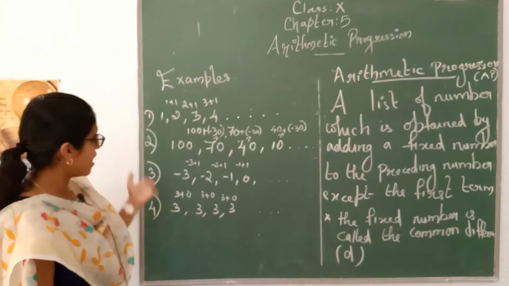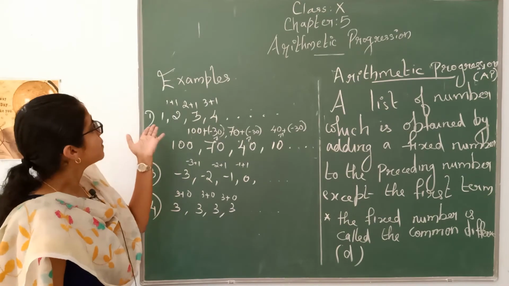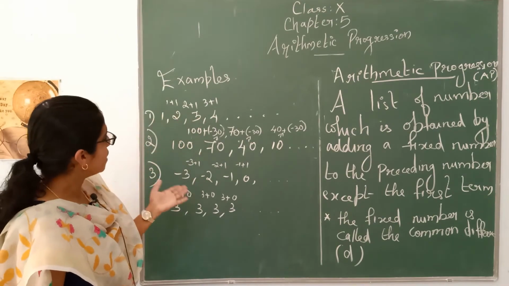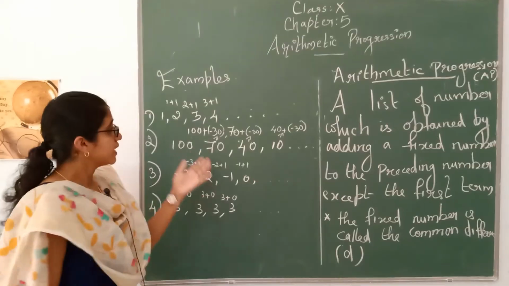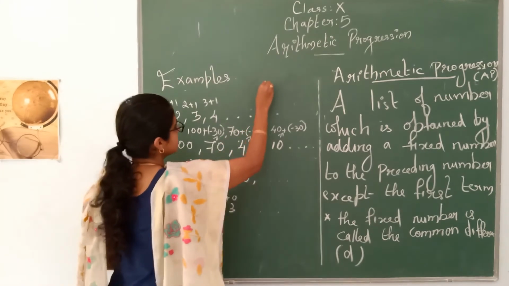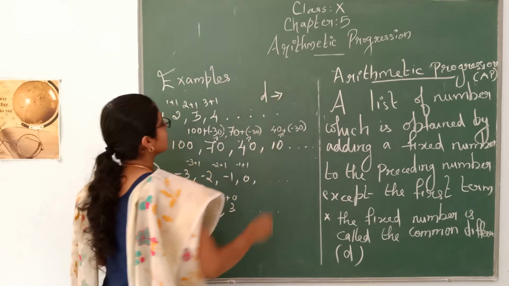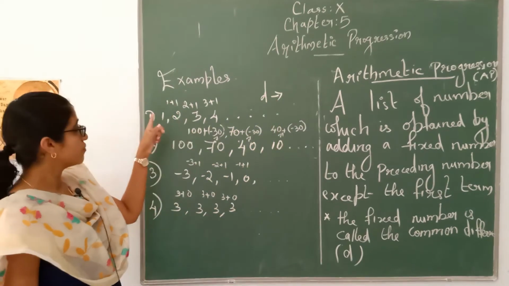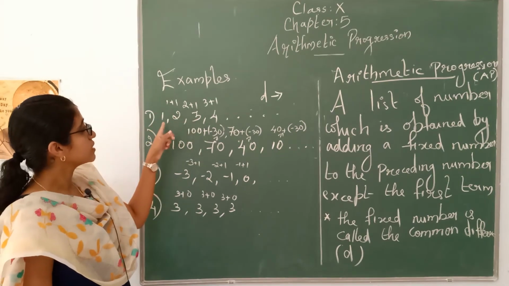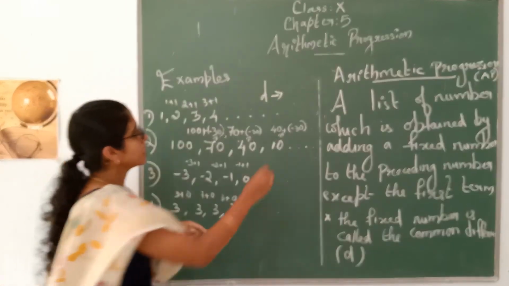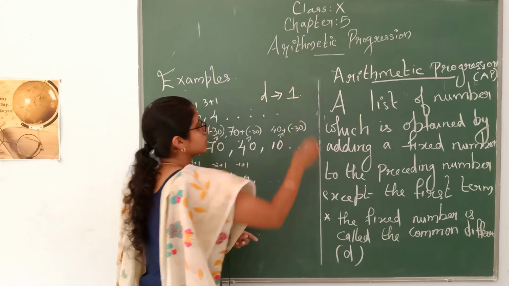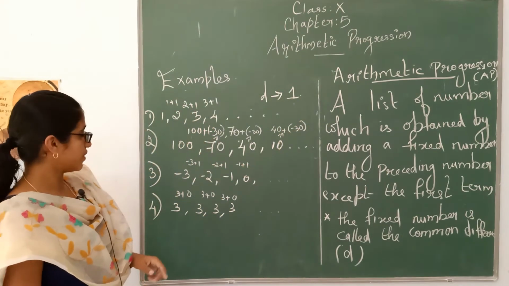Here these are arithmetic progressions because each term is obtained by adding a fixed number. In the first, the fixed number is 1. We are adding 1 to the preceding number, so we take 1 as the common difference.